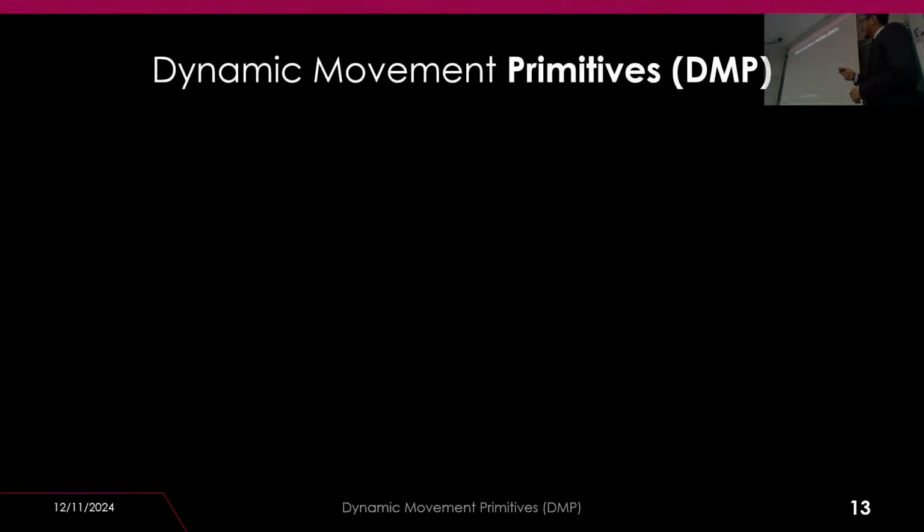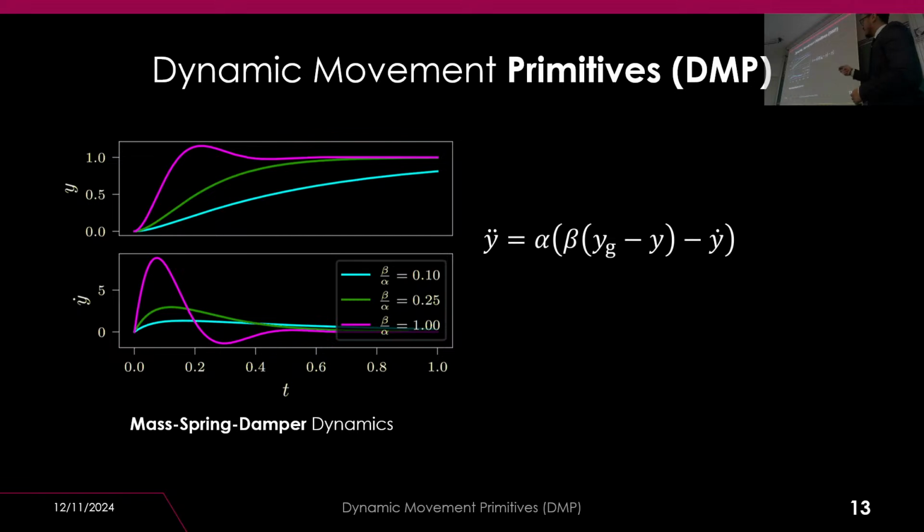Dynamic movement primitives are based on a mass spring damper system, which is basically a point attractor that converges from an initial position towards a goal position, a goal value in this case, which is namely y subscript g. Now, in the context of DMP, the mass spring damper system is defined as critically damped, so the convergence is as smooth as possible.